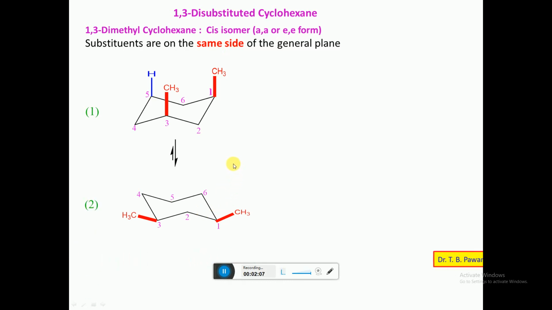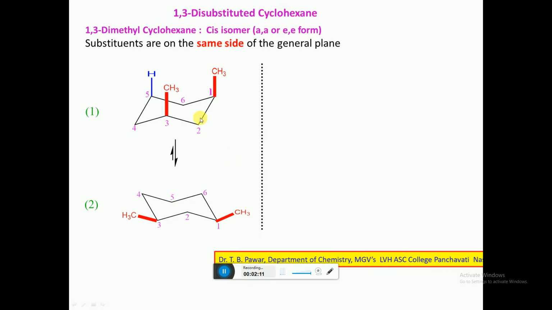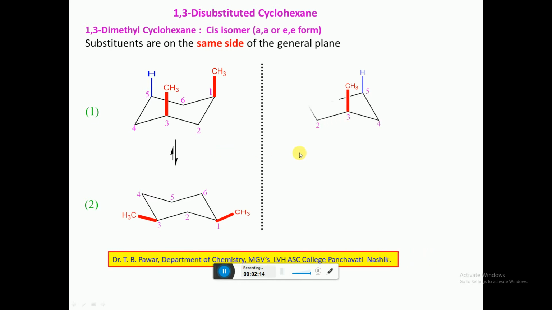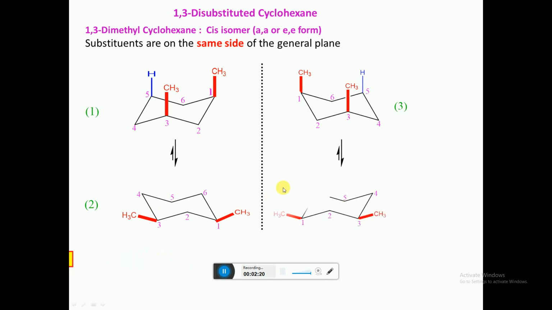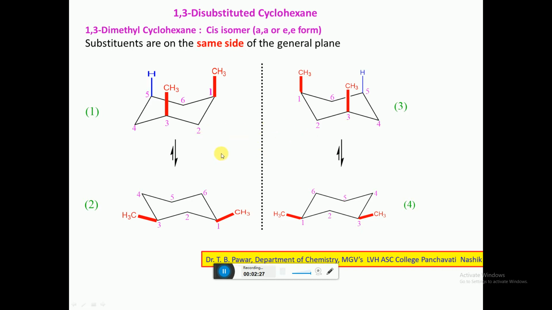Now if we place a mirror between the molecules, the mirror image of 1 becomes structure 3 and the mirror image of 2 becomes structure 4, and these are superimposable mirror images.